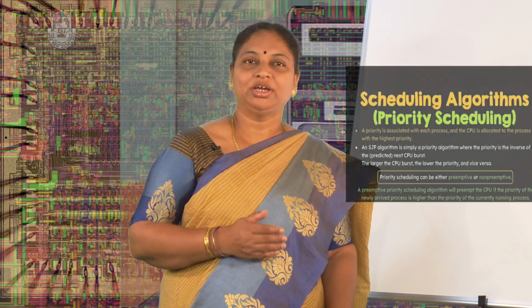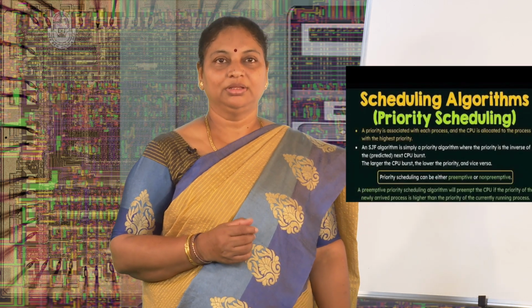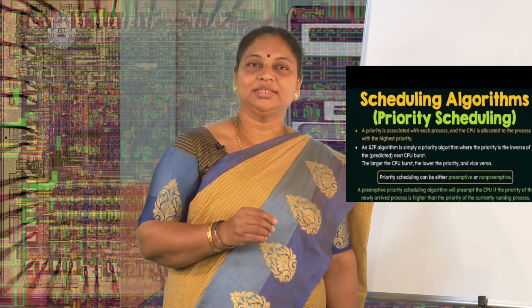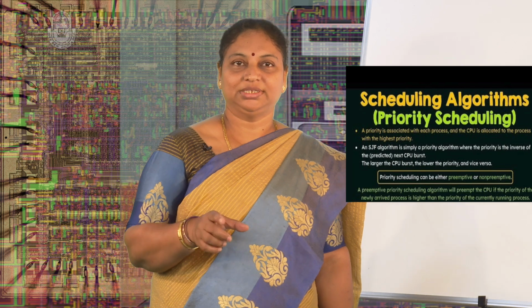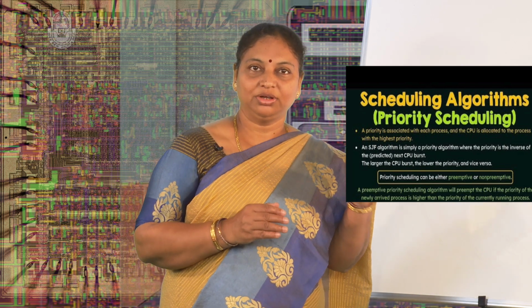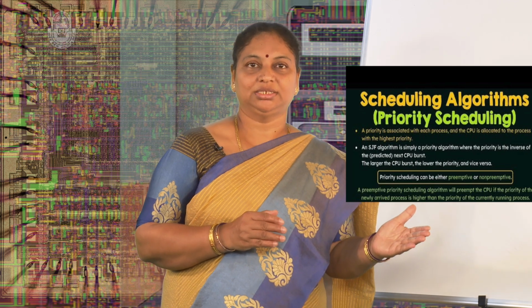Now let us study the other CPU scheduling algorithm, which is non-preemptive, called the priority scheduling algorithm. We say the shortest job first algorithm is a special case of priority scheduling. So priority scheduling is the general case and shortest job first is a special case of it.